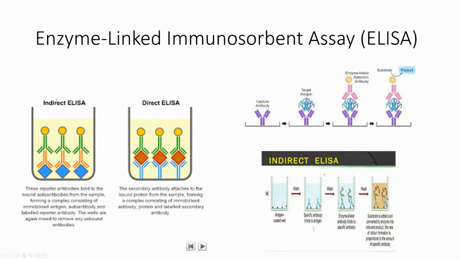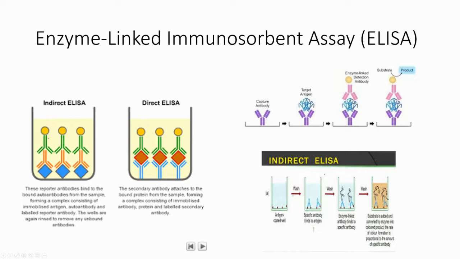For the indirect ELISA, basically, you try to determine the presence of antibody. So you have the recombinant antigen, or you purify the antigen, and you coat it onto the well where you perform the ELISA. Then you add the sample. If the sample carries the antibody, it will bind to the antigen.